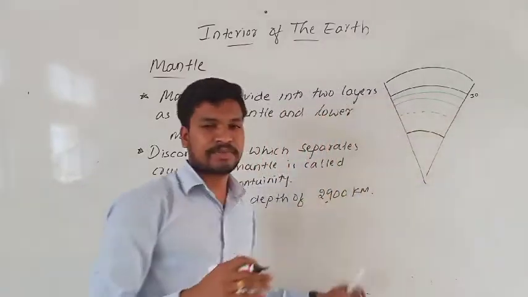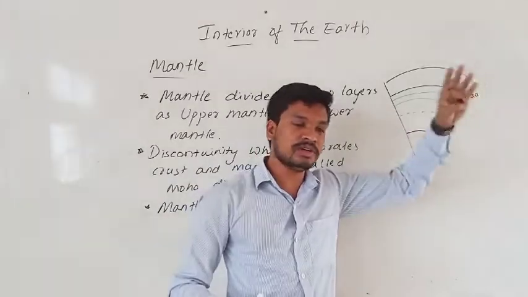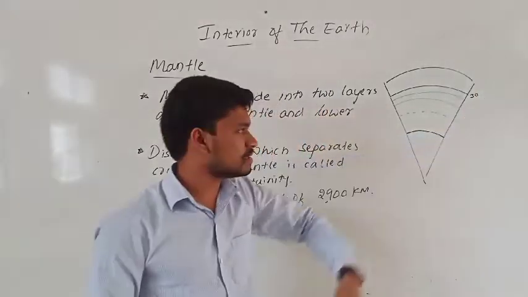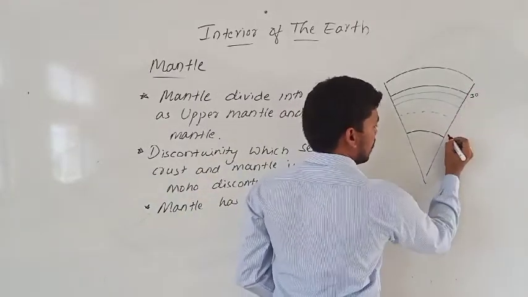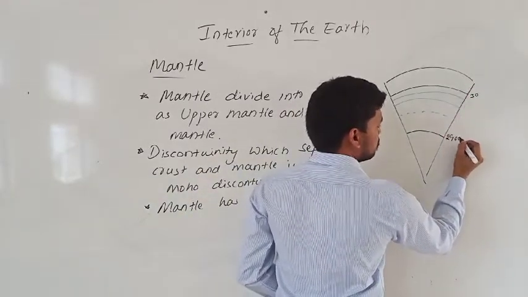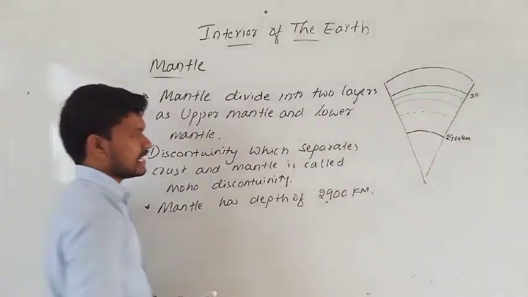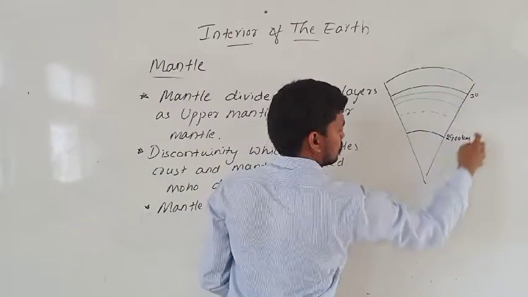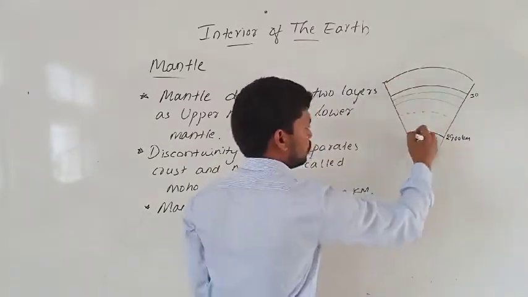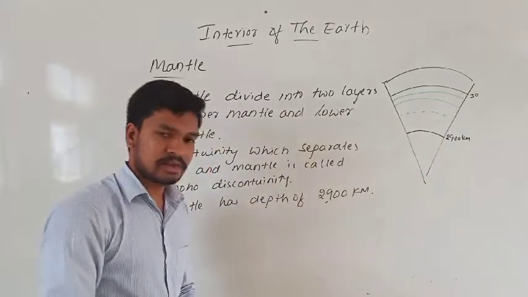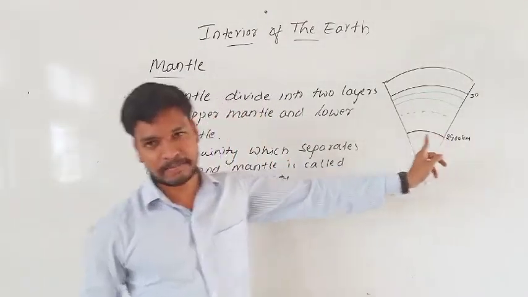It varies, it may be 20, 30, or go up to 90 kilometers, but the average is about 30 kilometers. Then from there we have 2,900 kilometers of depth. If you go from the Earth's surface inside towards 2,900 kilometers, you will get the end of the mantle.